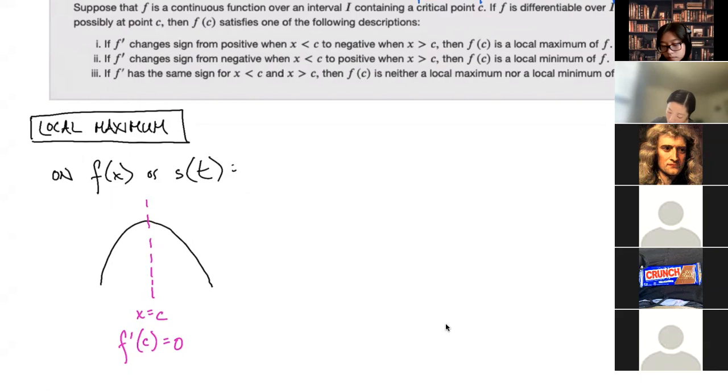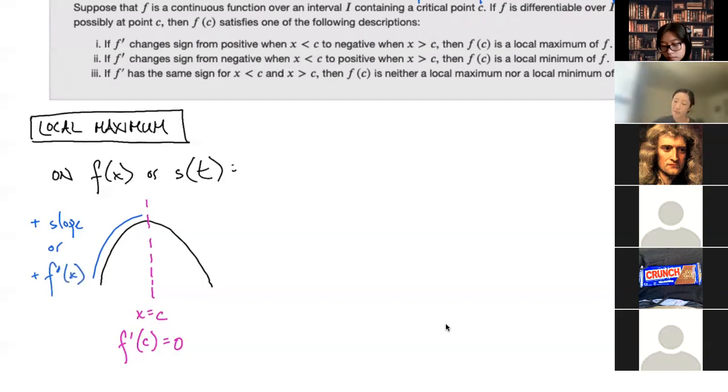Tell me about the slope on this side, positive or negative? Positive, good. So this is a positive slope, or we can say a positive f prime of x.